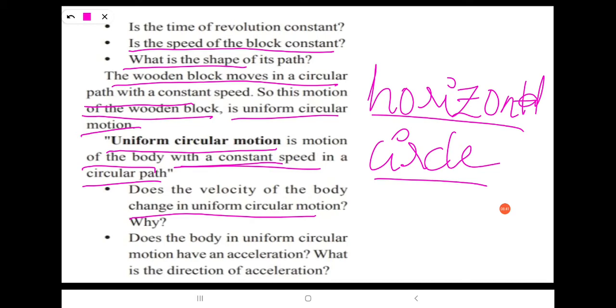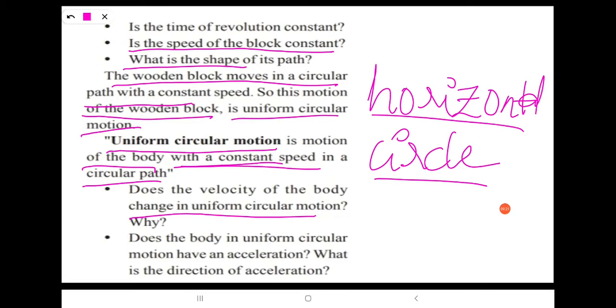In uniform circular motion, the magnitude of the velocity does not change, but the direction of velocity changes continuously.